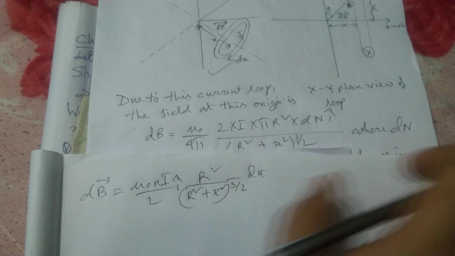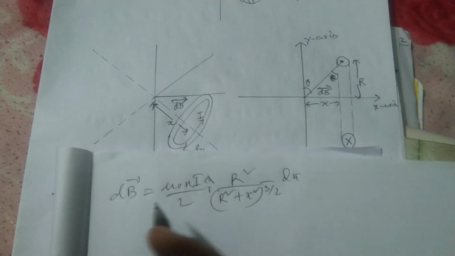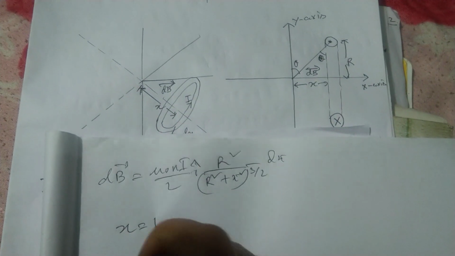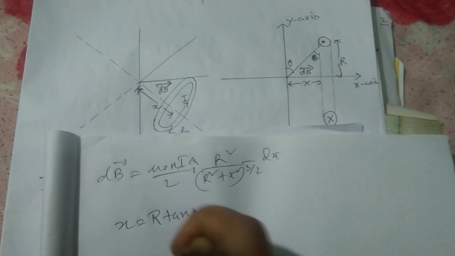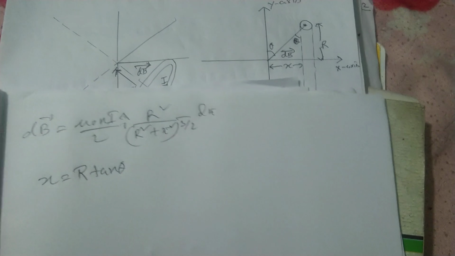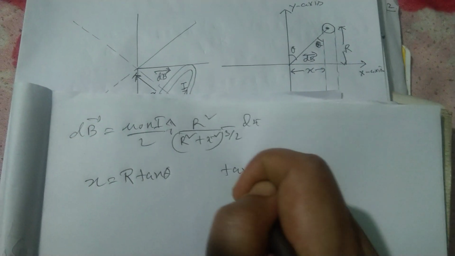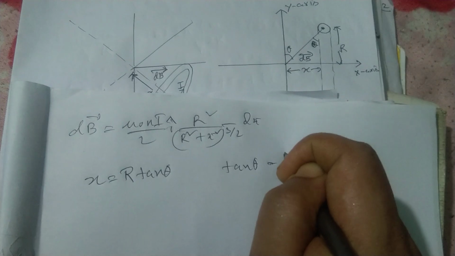Now, according to the diagram I have already drawn, this value is x, this is the dB, so x is equal to r tan theta. How is x equal to r tan theta? Because we know tan theta is equal to perpendicular by base.